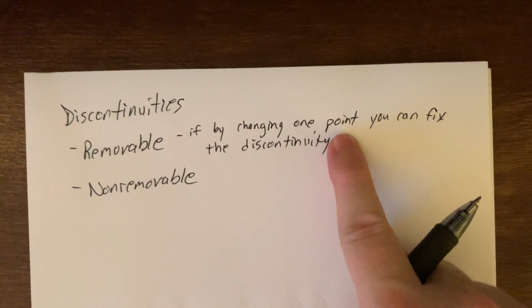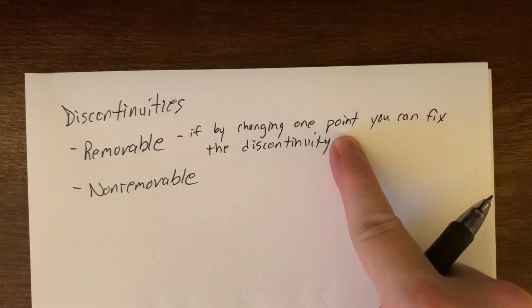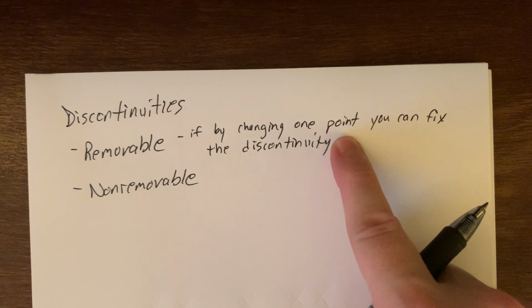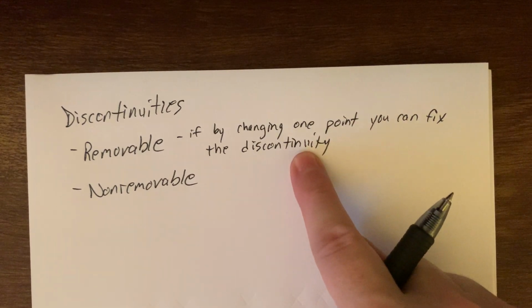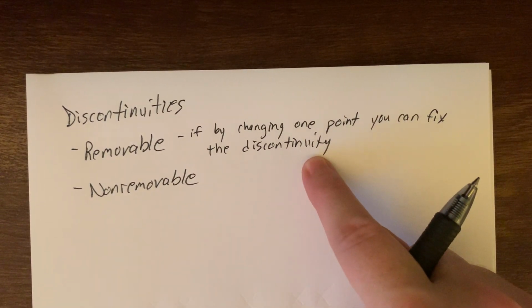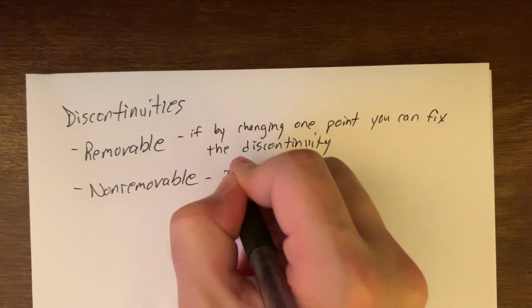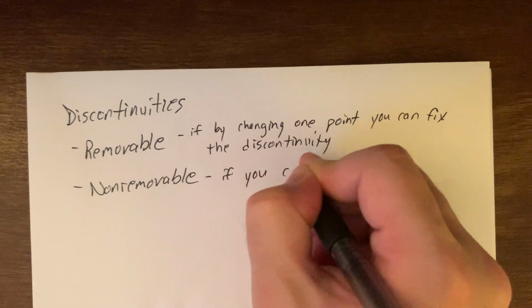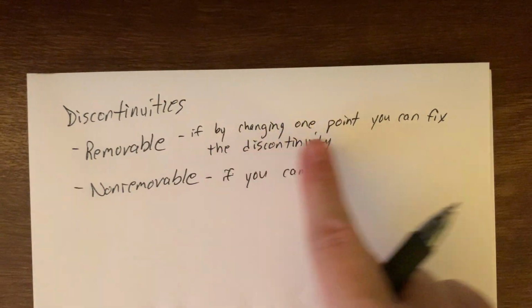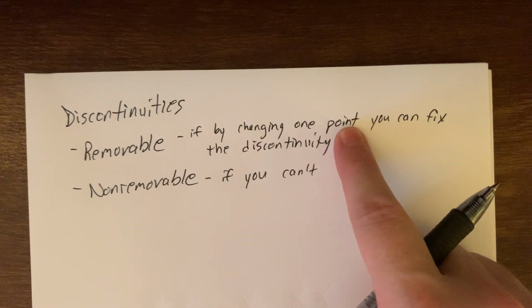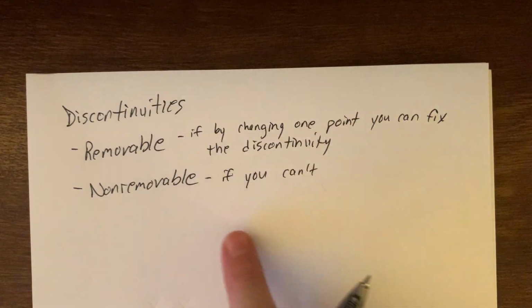The key here is one point. If you had the ability to change one point on the graph, does that fix the discontinuity? Does that fix the disconnection? And then non-removable is basically if you can't fix the discontinuity by changing one point.